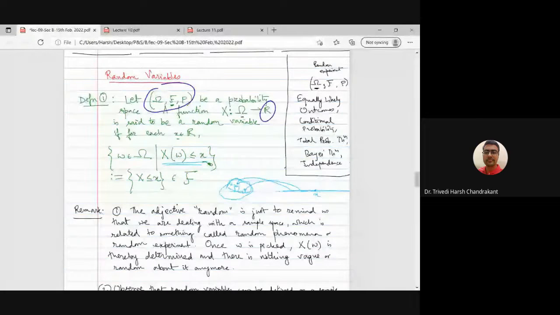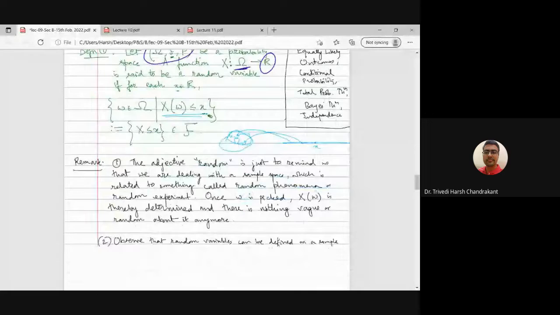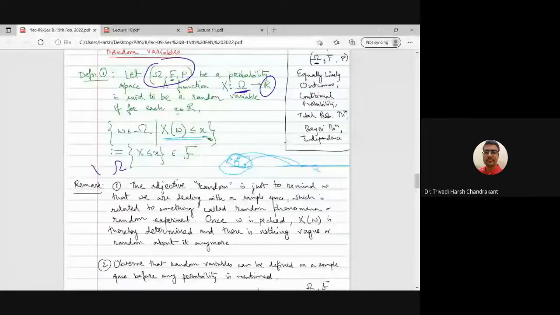Basically, we are given the experimental space omega. Omega is any set, and we define a function X from omega to R, X from omega to real numbers, and this function has a certain property. Any such function we call a random variable.